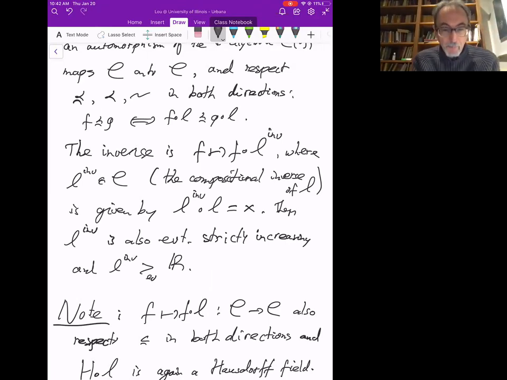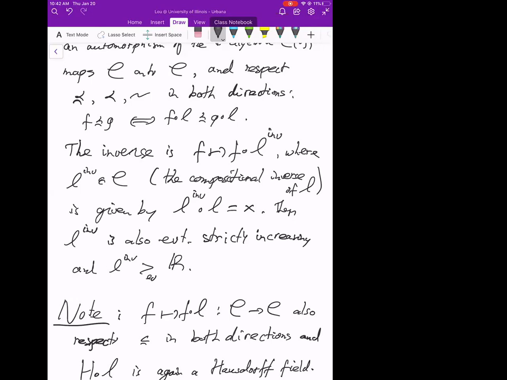So do you know what happens if you put composition in the language? Do you still have back and forth equivalence? No, I don't, let me see. I don't think so. If you take a maximal Hausdorff field and compose it with your little L, you get again a maximal Hausdorff field, but it will in general be a different one.